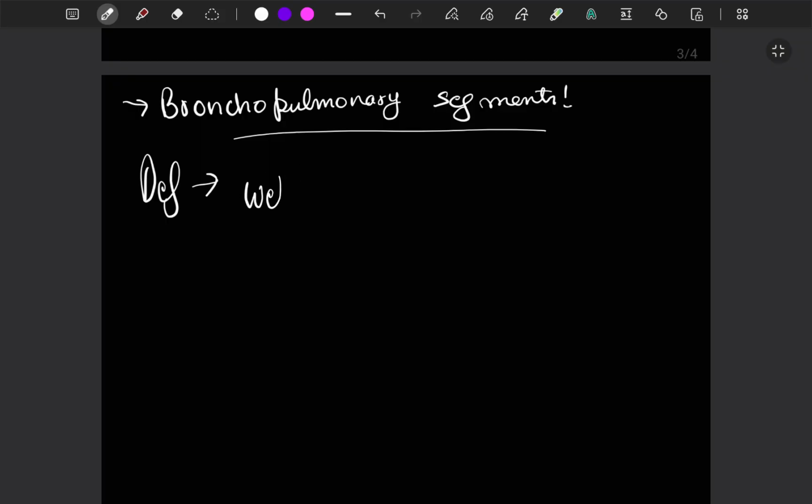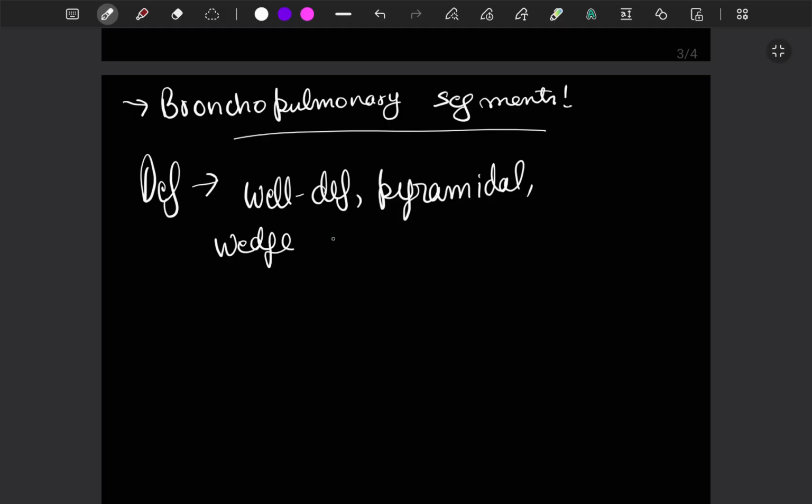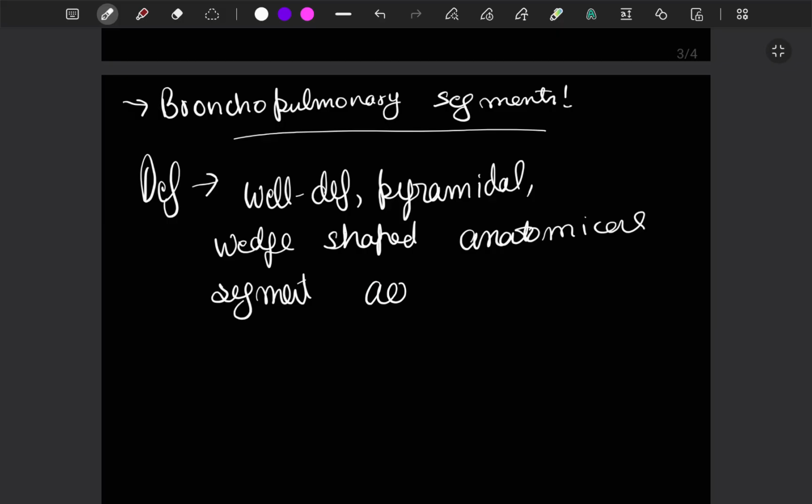These are well defined, pyramidal, wedge shaped, anatomical segments aerated by a tertiary bronchus.